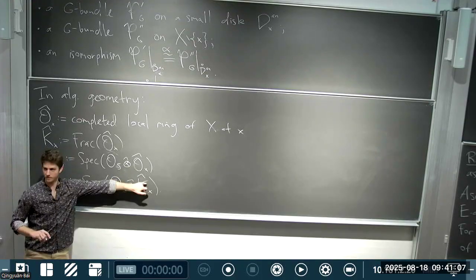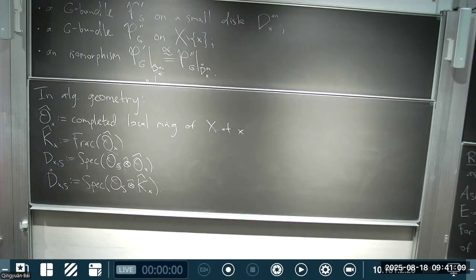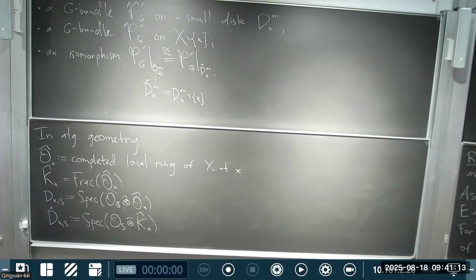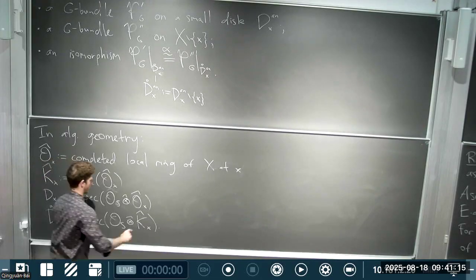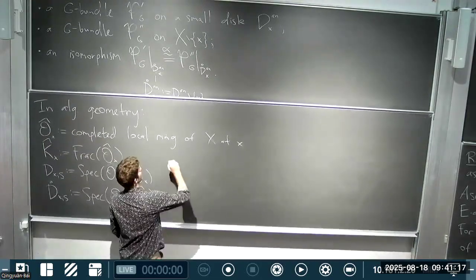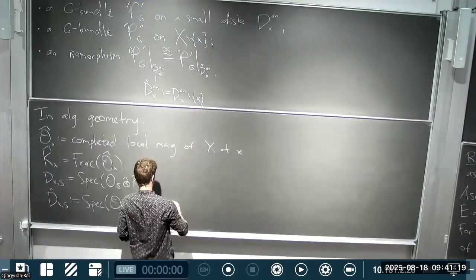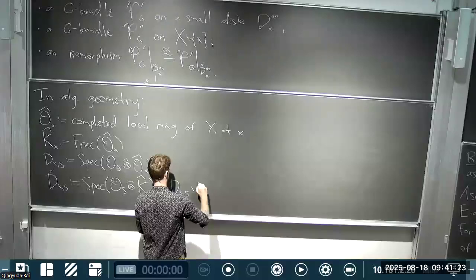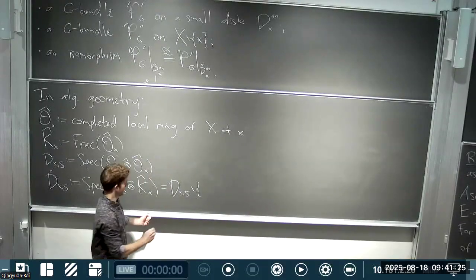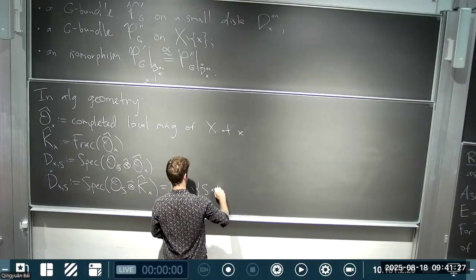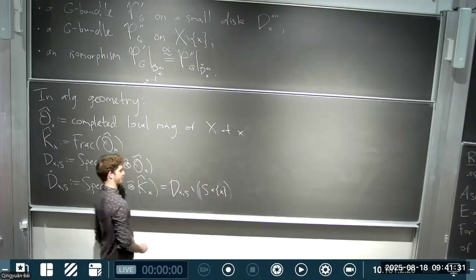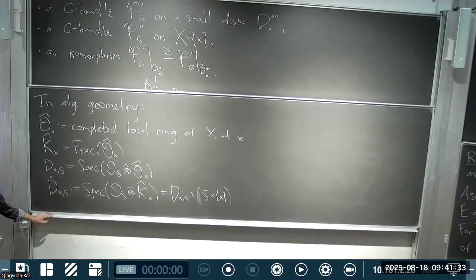Invert one tensor generator. Inspired by this, you can say this is D x comma s with the center removed.